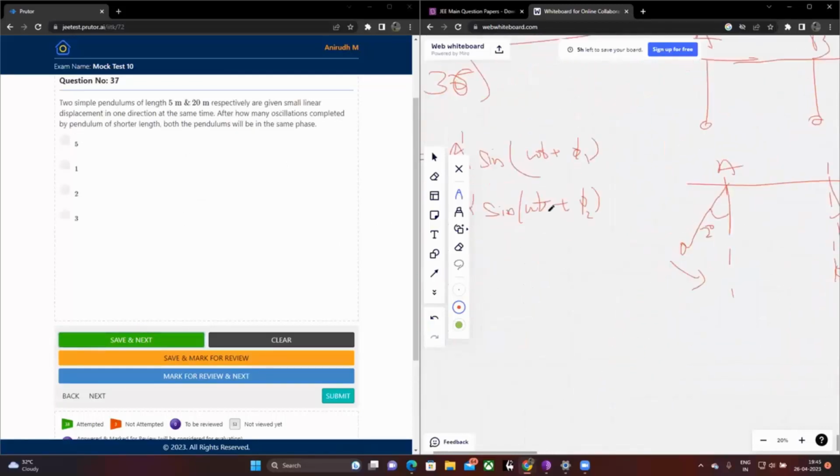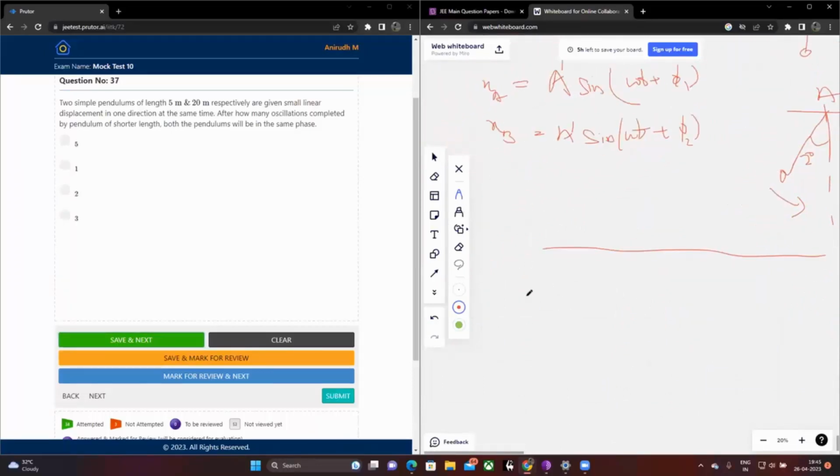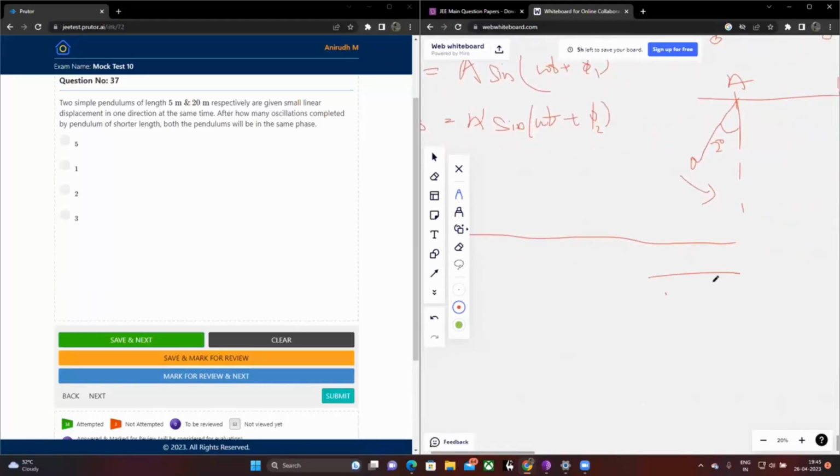Now, two simple pendulums of length 5 and 20 are given a small linear displacement in one direction at the same time. One is of length 5, another is of length 20.